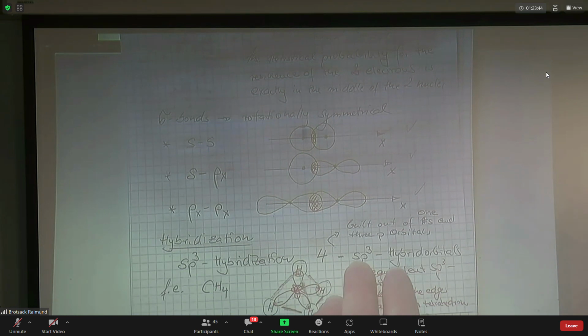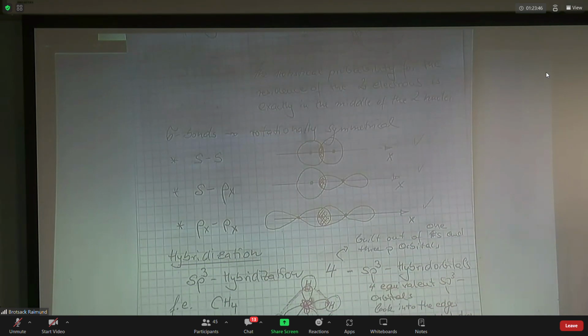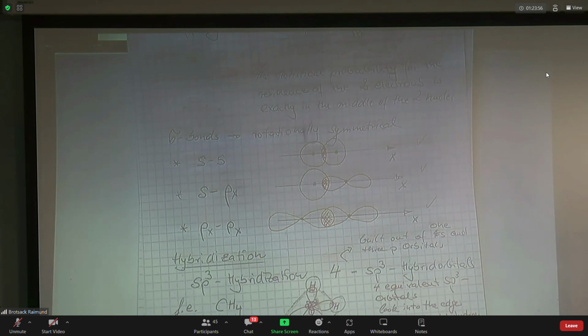We need one s orbital and we need 3 different p orbitals. In total, they build 4 new ones, and we call them sp3. And they look like that. So that's sp3.